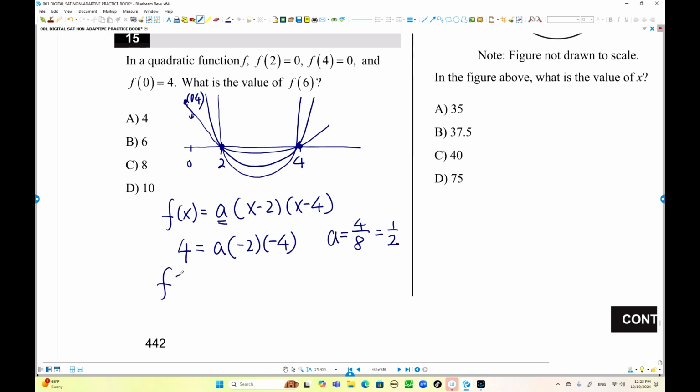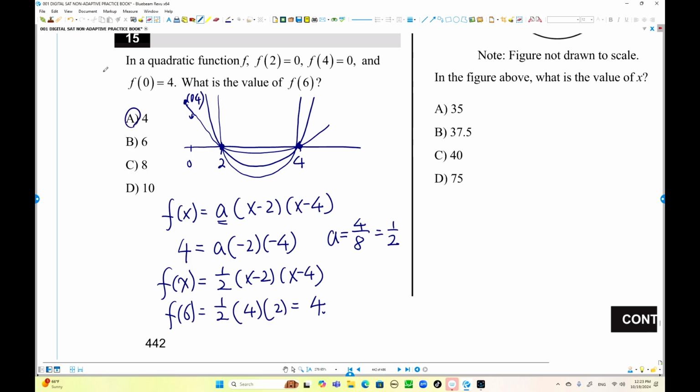The equation of this graph is 1 half times x minus 2 times x minus 4. Now find out when x is 6. F of 6 equals 1 over 2 times 6 minus 2, which is 4, times 6 minus 4, which is 2, right? 4 times 2 is 8, divided by 2 is 4. Okay, that's this. Option A is the answer.